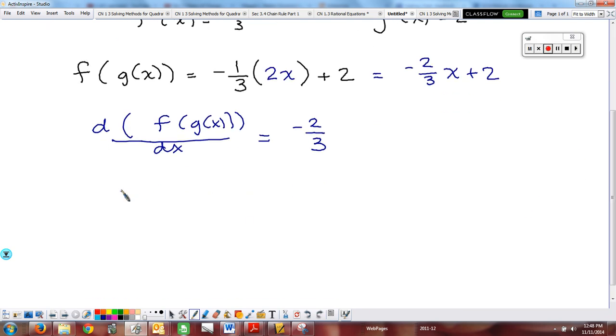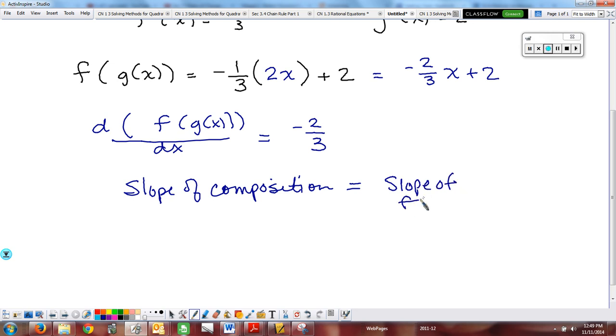And it is not coincidental that the slope of the composition is exactly equal to the slope of the outside function, the slope of f of x, times the slope of the inside function, g of x.